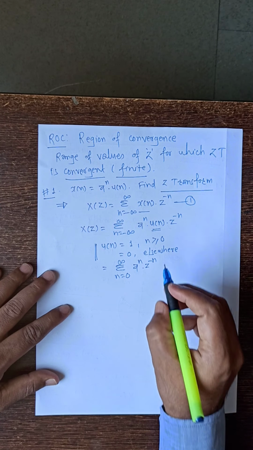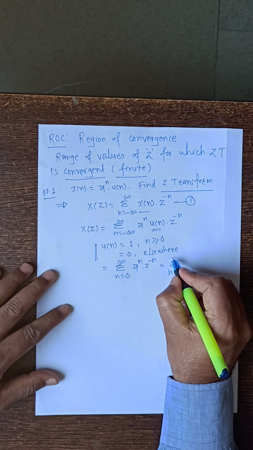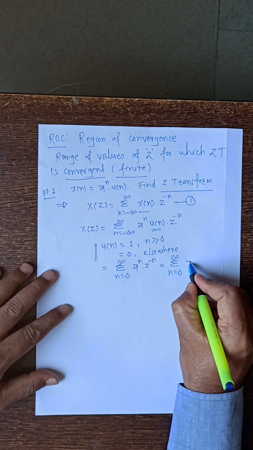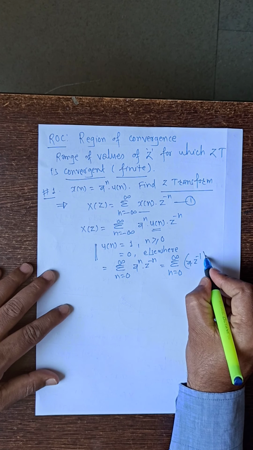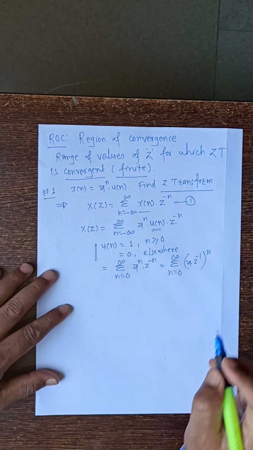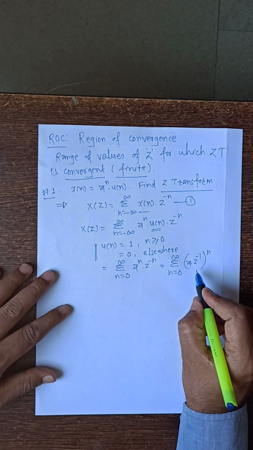So u[n] is removed, that is equal to summation n equals 0 to infinity (a z^(-1)) raised to n.